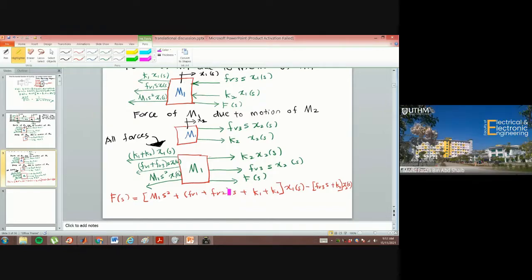FV3. Okay, very good, FV3. This is FV3. FV1 plus FV3 S plus K1 plus K2 X1 S minus FV3 S plus K2 times X2 S.